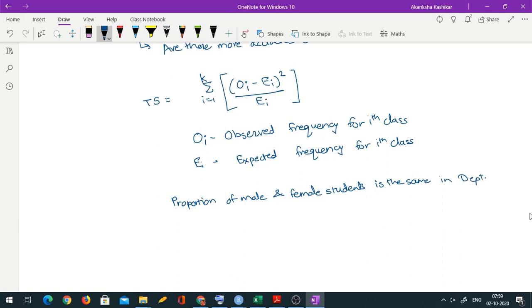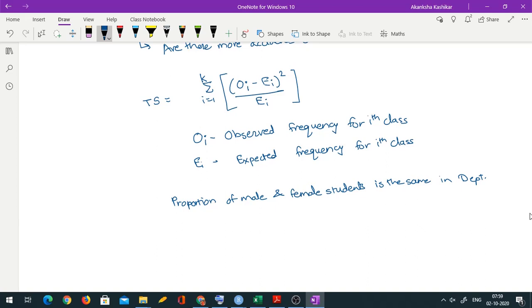So we want to see if in every class, say first year, second year, third year, we have almost 50% girls and 50% boys. See, you can't have exactly 50-50. There are going to be some chance variations. You know that same thing happens even in a coin toss.